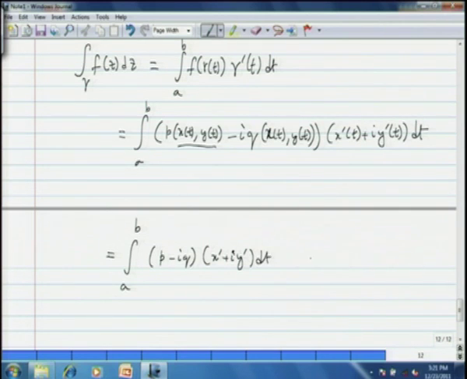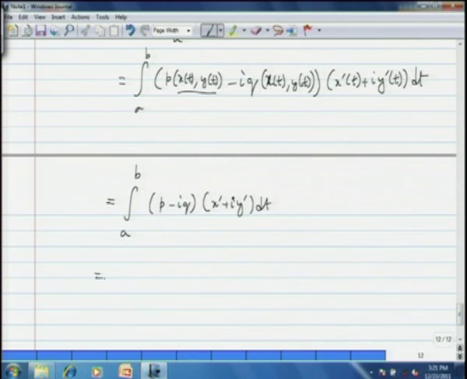So, this is that. Now, let me multiply these two. So, the integral from a to b of p x prime plus q y prime plus i times p y prime minus q x prime, and then all this dt.